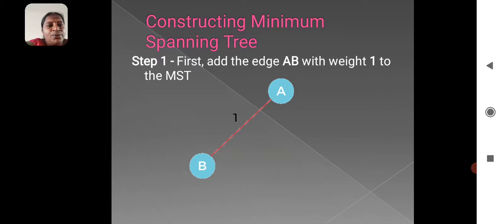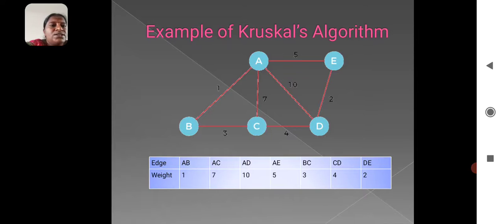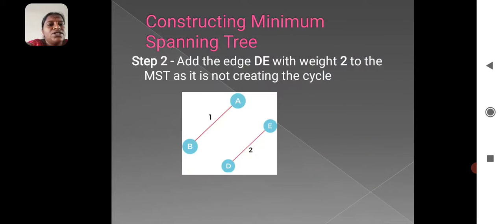Next, the minimum is 2. Here D is connected with E, so we are going to connect D and E. First we have connected A and B with weight 1 and D and E with weight 2.